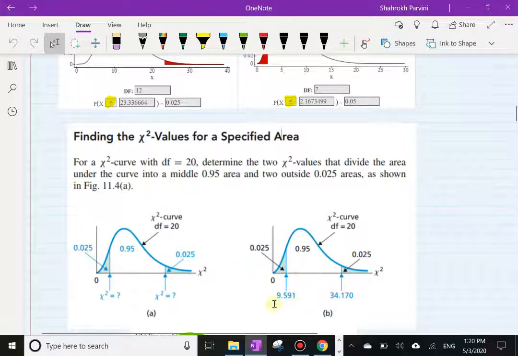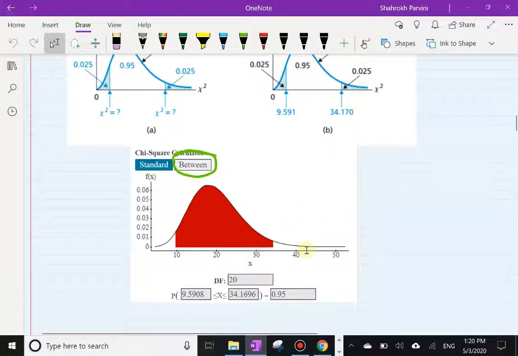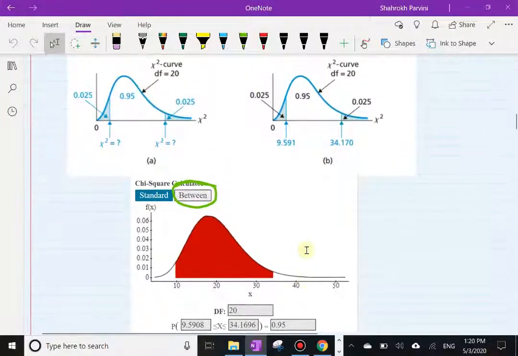And again, from his table, he gets these numbers. So we want to get these numbers again ourselves. Remember, we want 0.025 on the left, 0.025 on the right. Degrees of freedom is 20, 95% in the middle. Okay, so I did, and there you go. The key is when we go to StatCrunch to find the area under the curve, that this time we actually use the option between.